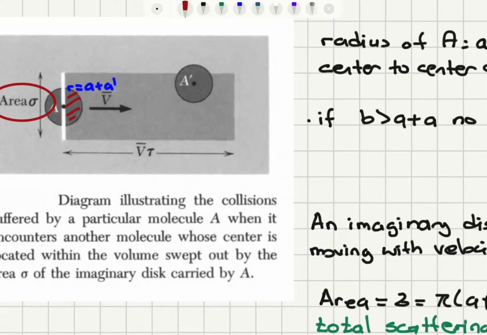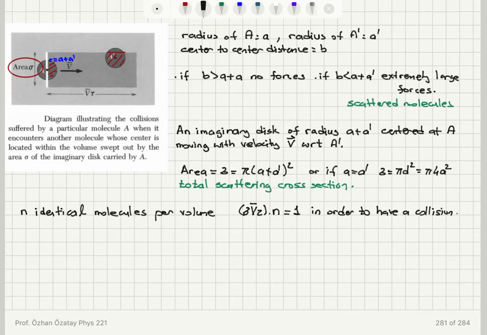We have to make sure that at least half of the other molecule, or more, has to be inside this volume, so that we're going to have a collision for sure. So that's the condition. So that basically implies that the mean free time tau will be equal to 1 over n times the total scattering cross section times V bar.